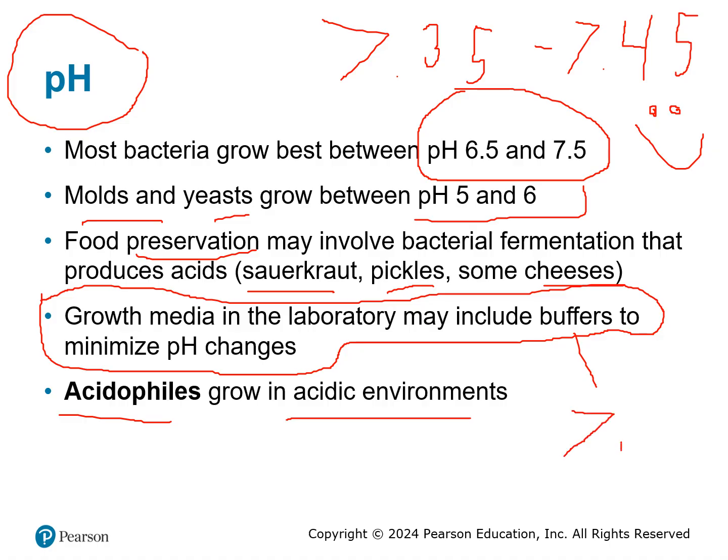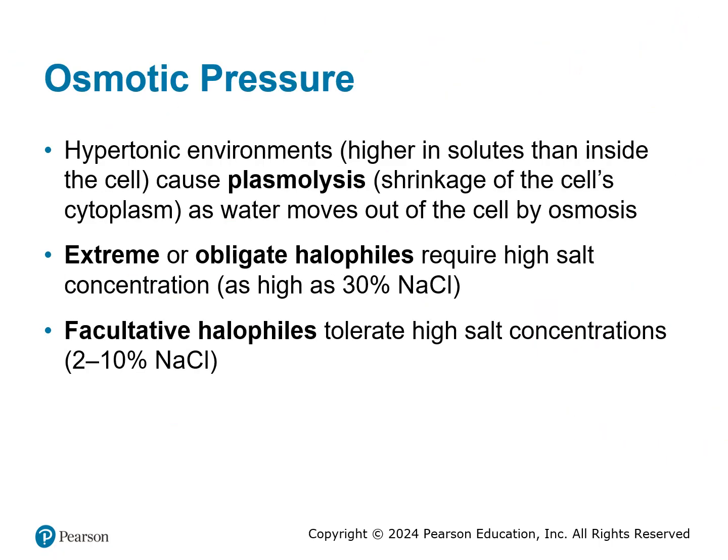Pure water has a pH of 7. And in our classroom, we did a little experiment where we put in a buffer solution and it kept our pH at 7. So sometimes if you're trying to grow something, you have to put in a buffer to keep the media where the bacteria, or yeast, could grow.